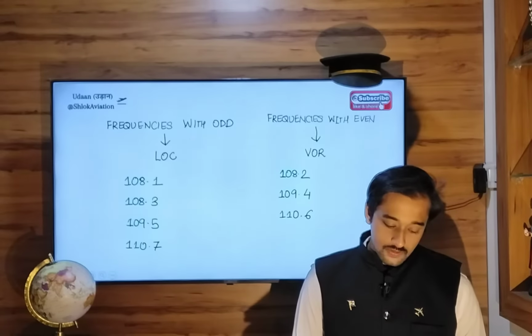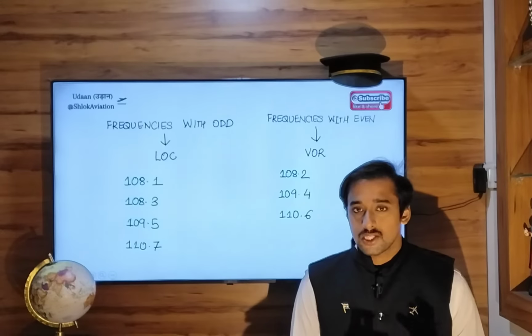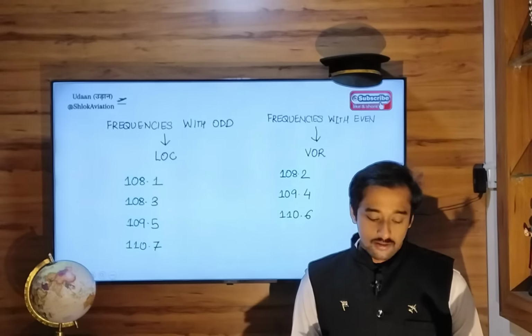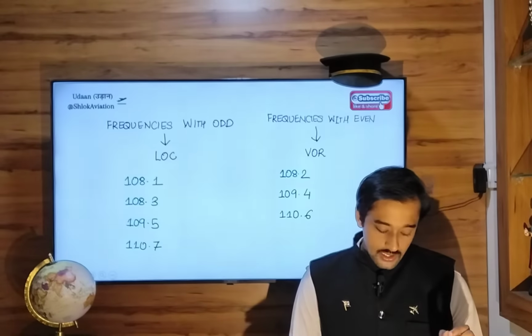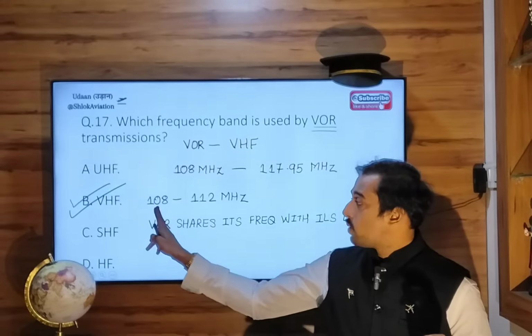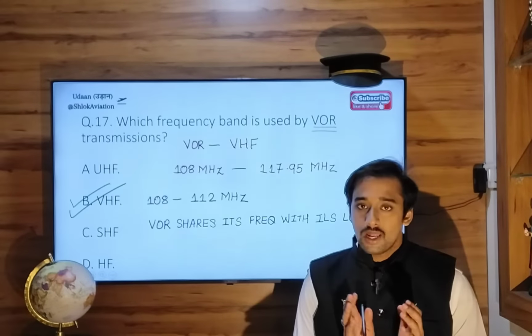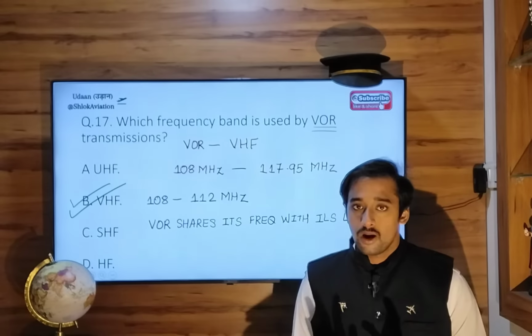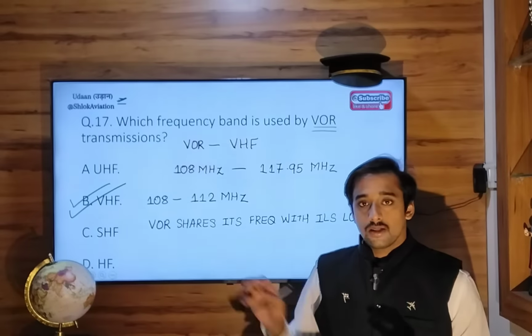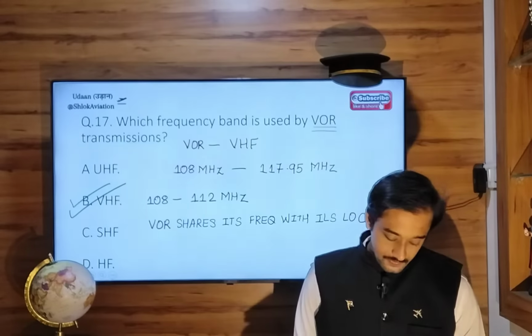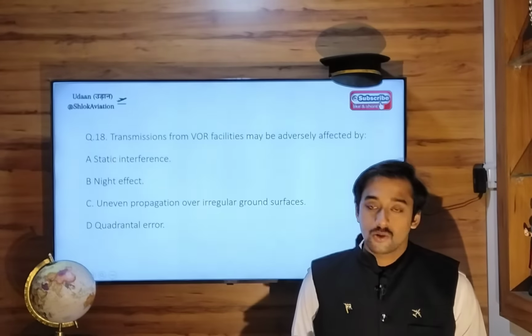Remember this point, frequently asked in exams, especially SPL: VOR even decimals only between 108 and 112. Beyond 112, all the odd decimals as well as even decimals are for VOR. But in this range, the bifurcation has happened. So remember this for your exams and interviews.